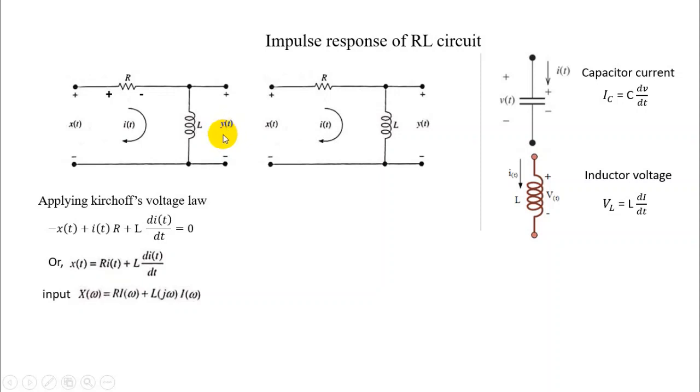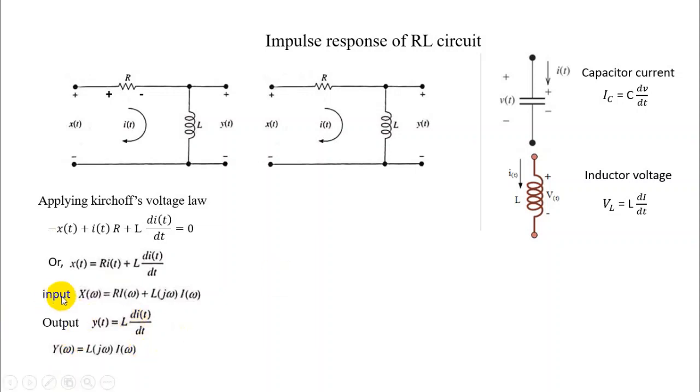After having the relation for y(t), if we take the Fourier transform, we will get the output in the frequency domain. So y(t) is given by L di by dt. Taking the Fourier transform of y(t), we get the output in the frequency domain.